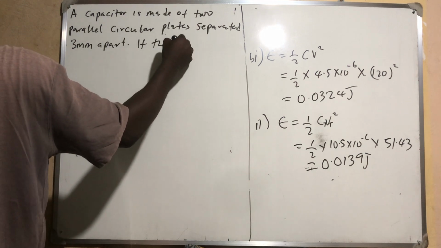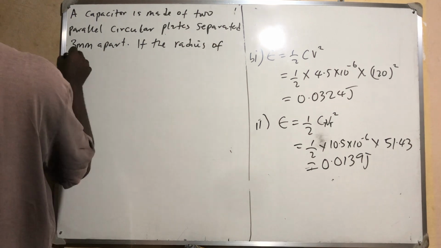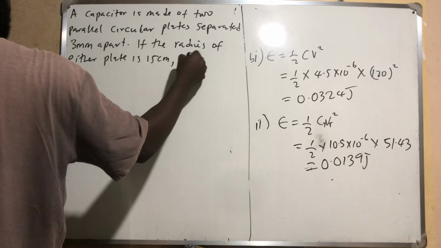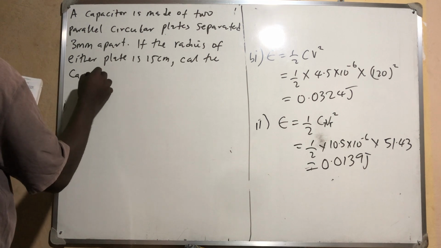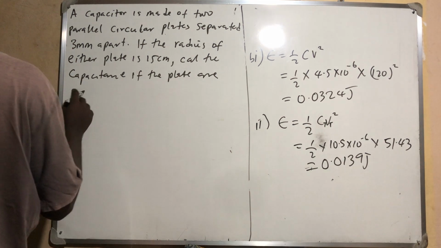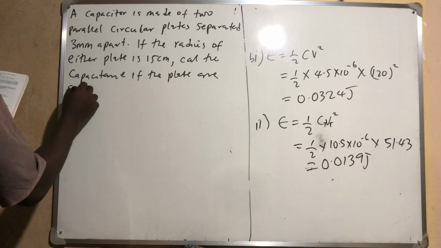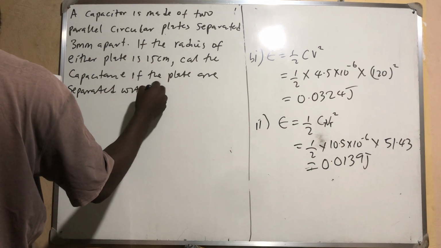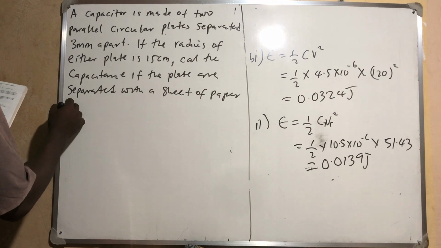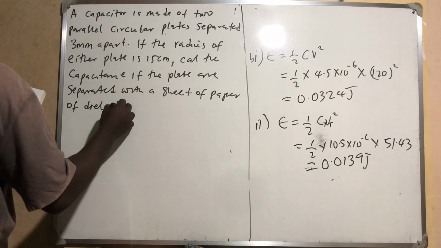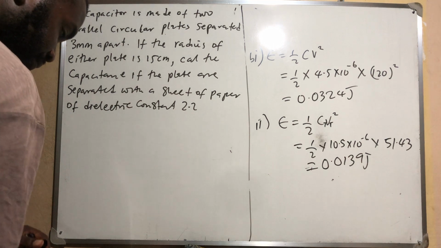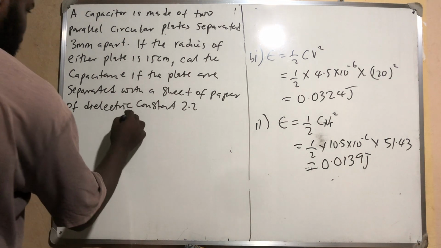They say if the radius of either plate is 15 cm, calculate the capacitance if the plates are separated with a sheet of paper of dielectric constant 2.2. Okay, solution.